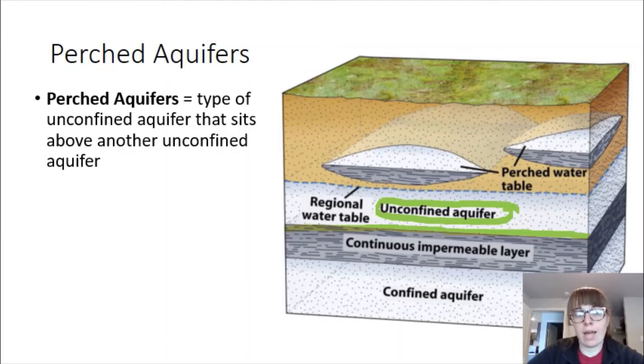But up in our unsaturated zone, we have another impermeable layer, locally, of clay, and then there's another one over here. Water builds up on top of that and creates something called a perched water table. So a perched water table is just an unconfined aquifer that's sitting above the regional water table.